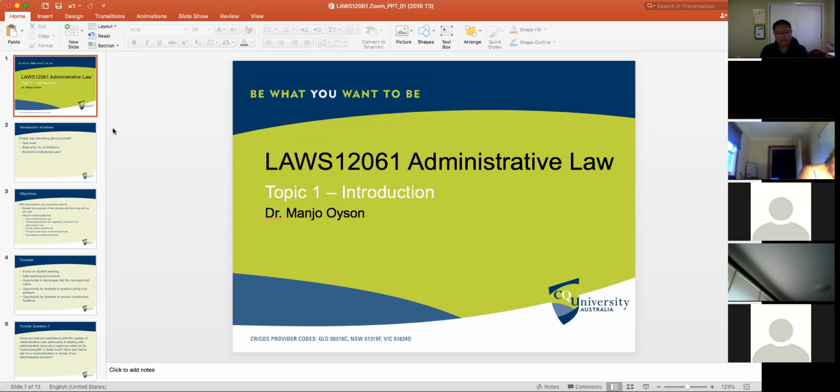We know that a lot of us are affected by executive government decisions every day. This could be in relation to decisions made by Centrelink concerning benefits. It could be about decisions made by the Child Support Agency, for some of you who've had to go through that process of having child support allowances determined by the CSA.